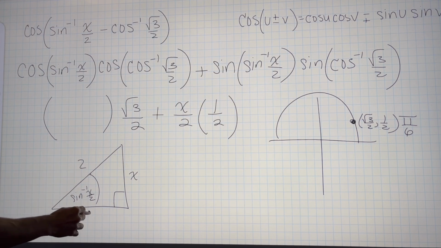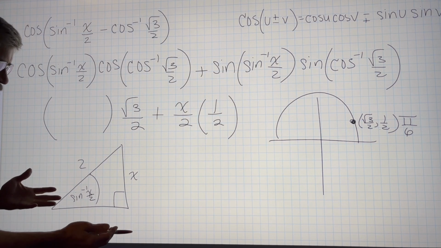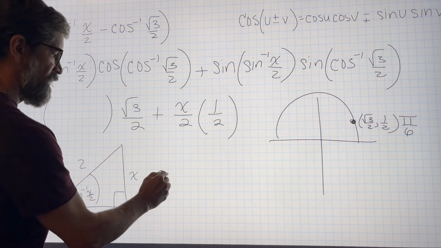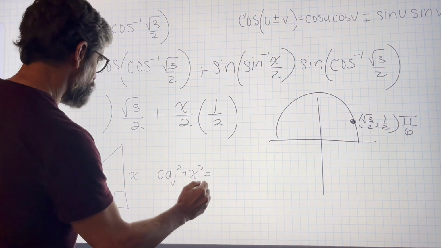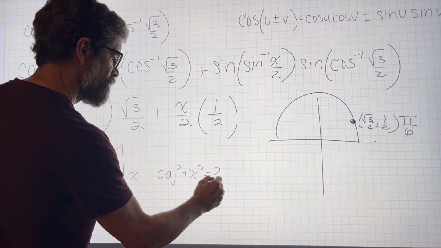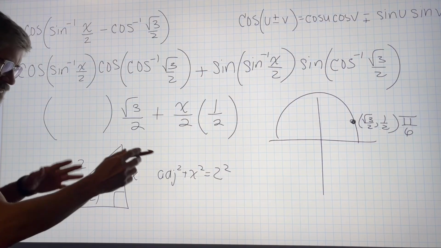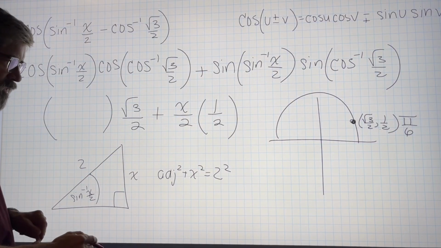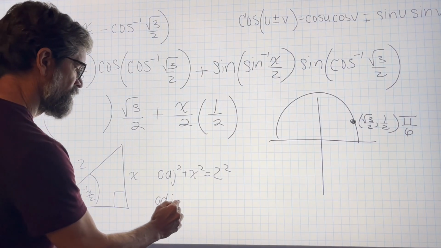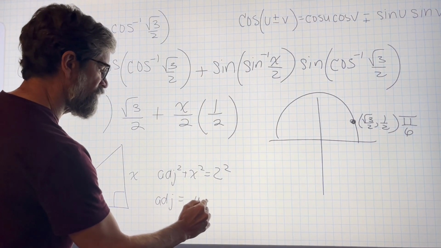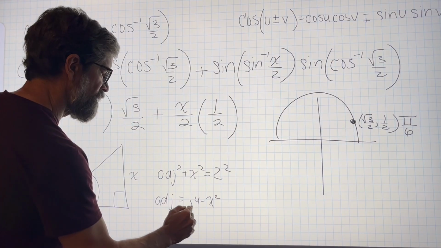So I need this adjacent side. This is a right triangle, so adjacent squared plus x squared is equal to 2 squared. So the adjacent side is the square root of 4 minus x squared.